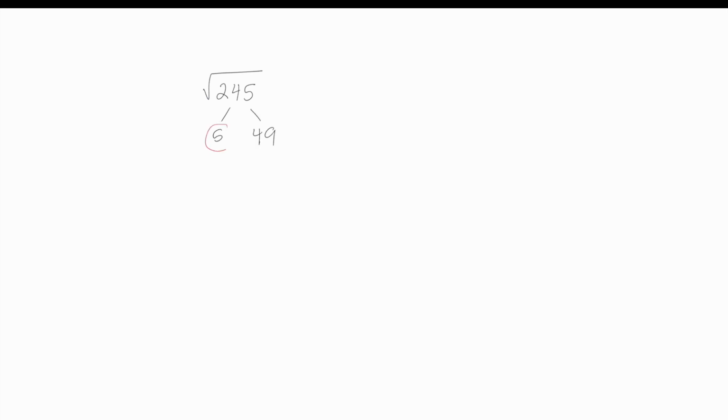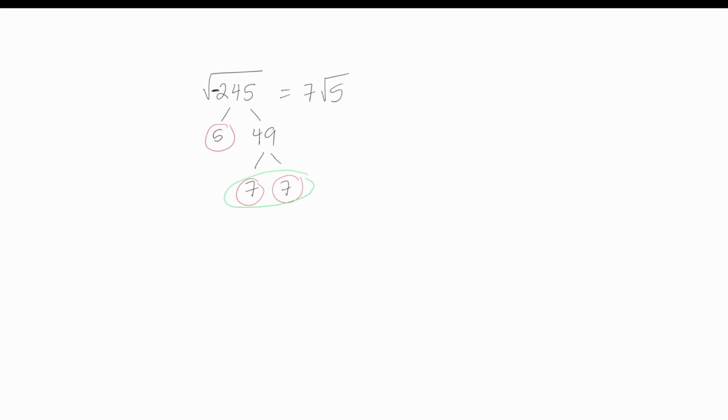Again, 5 is prime, you cannot break it anymore, but 49 is 7 and 7. Each of the 7s is also prime, you cannot go any further, so for the 245 you have a 5, a 7, and a 7. The pair is this pair of 7s, so 7 will be outside, and then 5 will be back under the radical. Now, my 245 was negative.